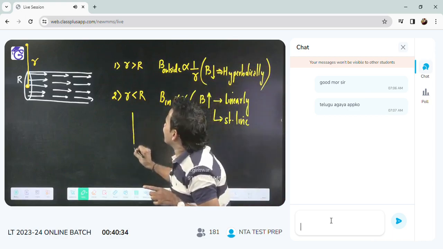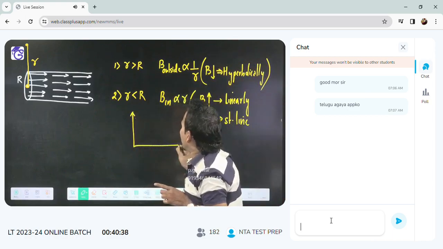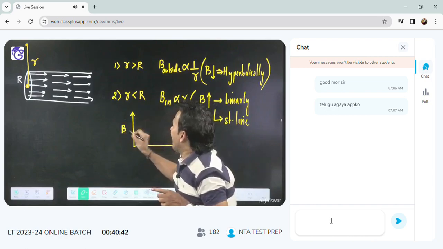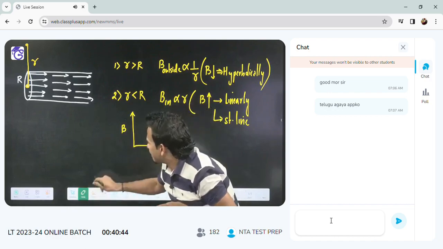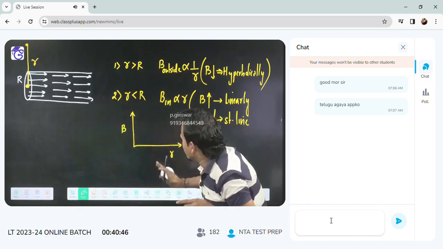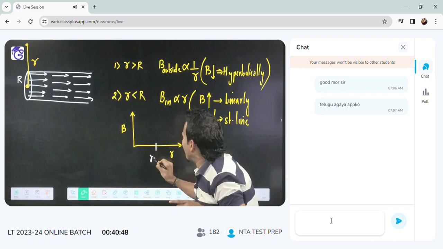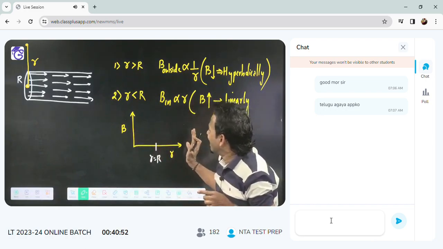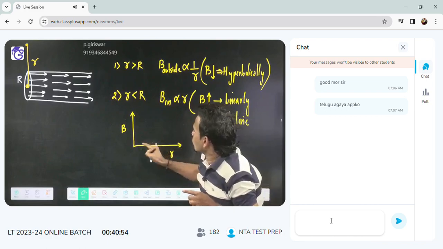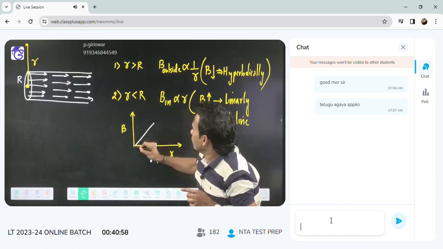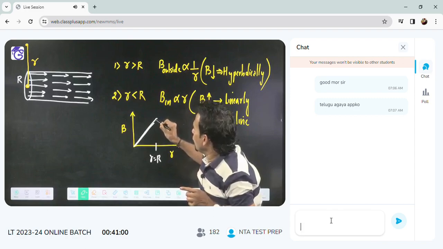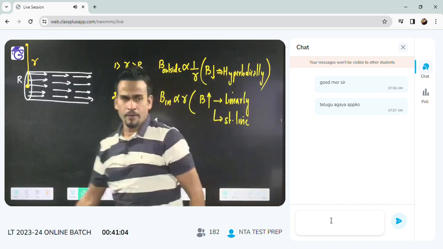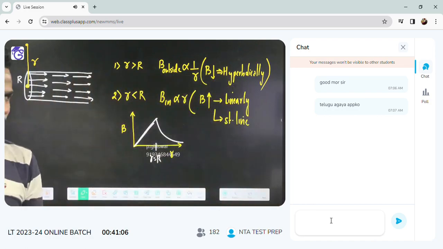That means you'll get the same graph as the electric field due to a solid sphere. The B and r graph will also come the same as your solid sphere. Inside, a straight line; one point will come at r equal to capital R. Before this is inside, after this is outside, and this is your surface. Inside a straight line, outside a hyperbola.